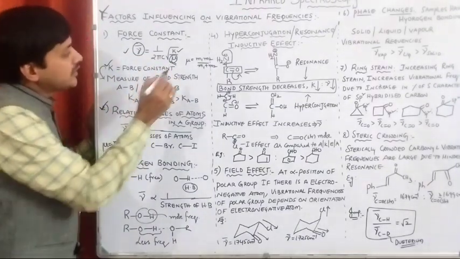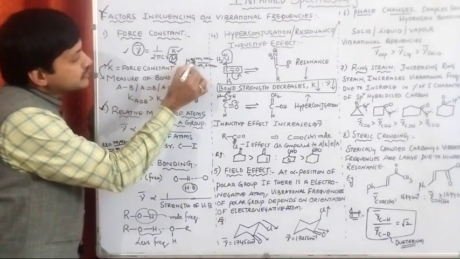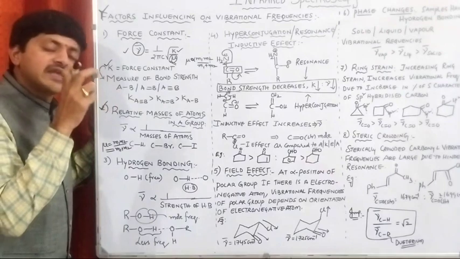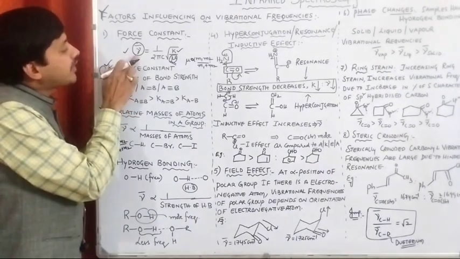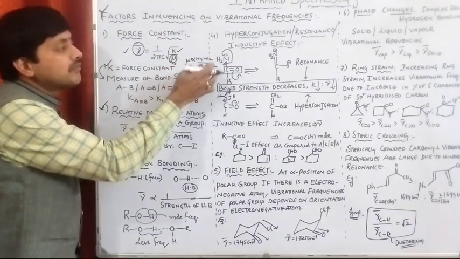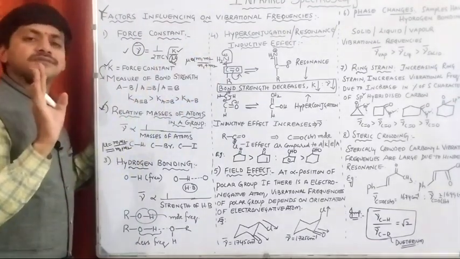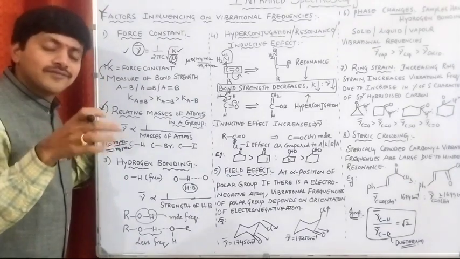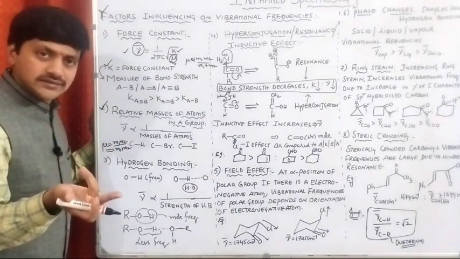Reduced mass. The reduced mass is directly proportional to the mass of the atom. It means that we can easily say that the vibrational frequency is inversely proportional to the masses of the atoms. If the mass of the atom is more, vibrational frequency will be less.